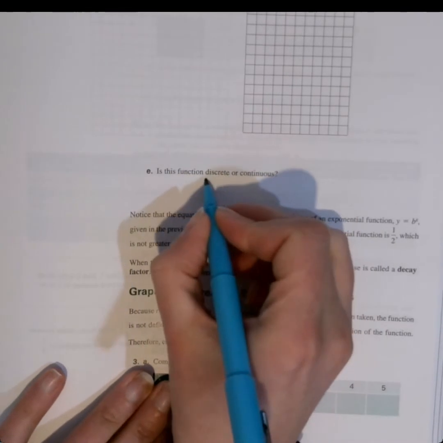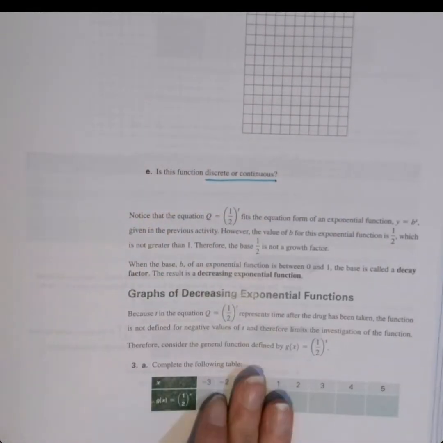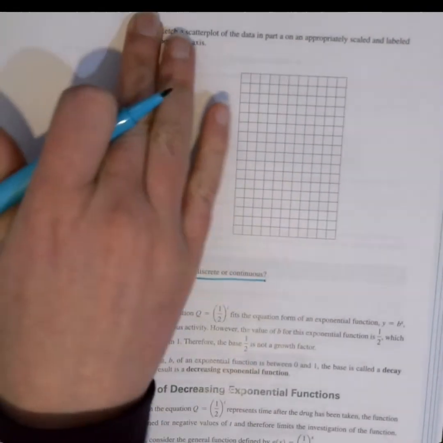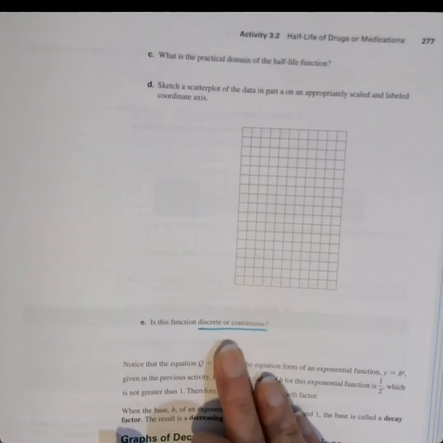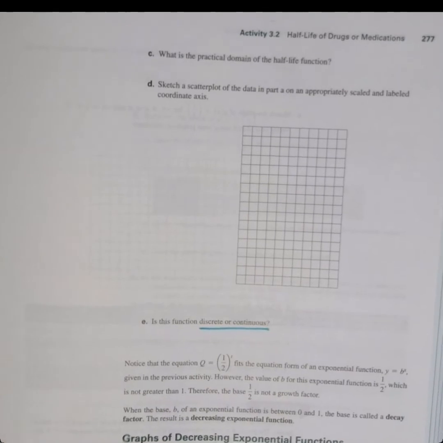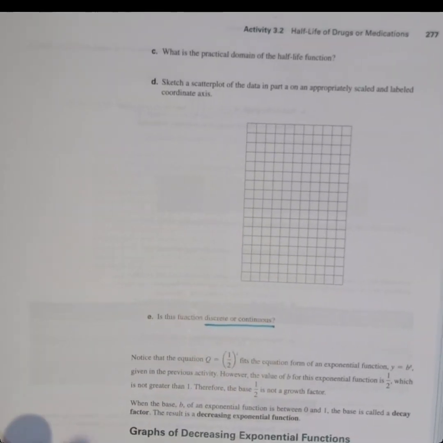Okay, what is the practical domain of the half-life function? I'm not going to make the same mistake I made in the last section about not thinking about this in terms of continuous or discrete first before I do the practical domain. So let's make sure we've considered that, and we'll write down our practical domain. So when your body is eliminating Lipitor, say you took it at 8 a.m., and there's going to be half of it the next day at 8 a.m., it doesn't just poof away at 8 a.m. the next day.